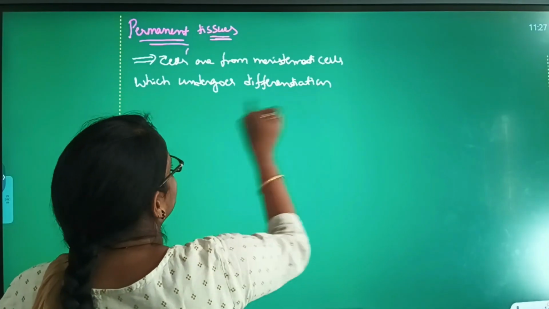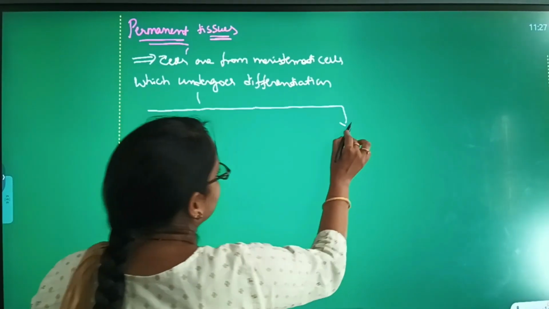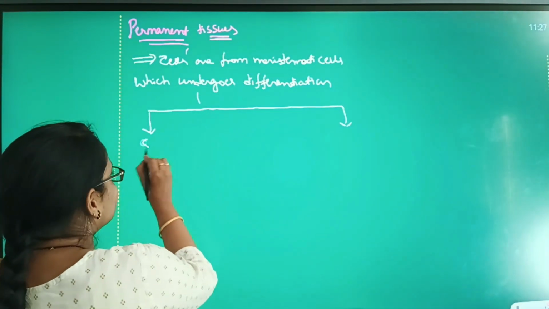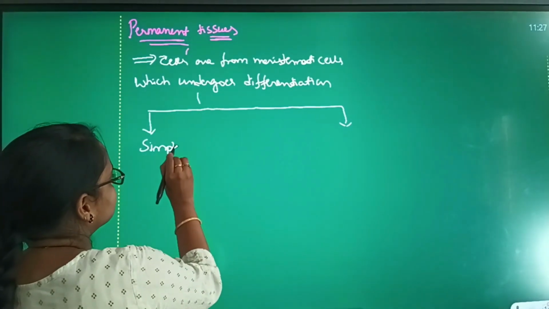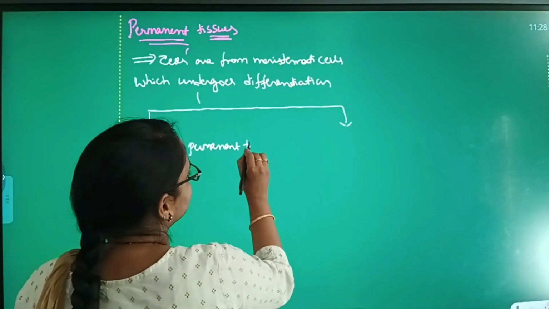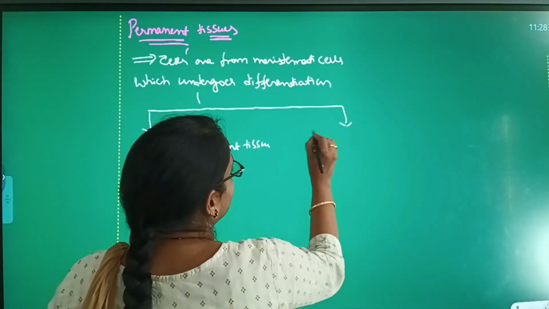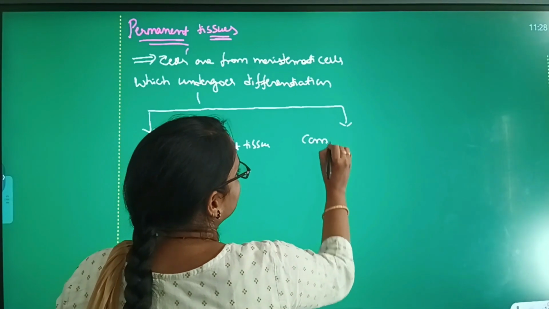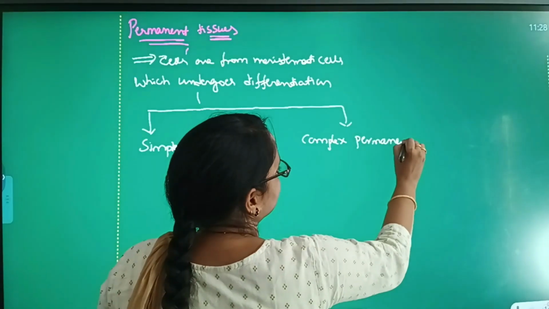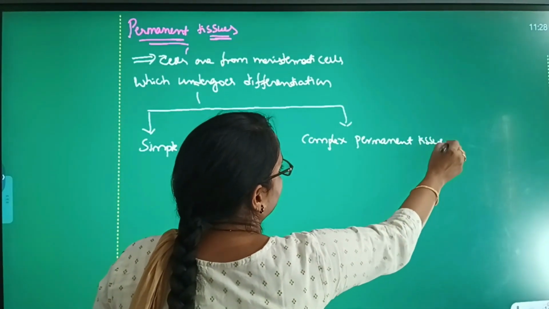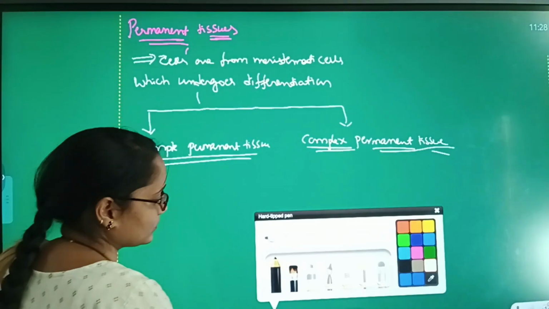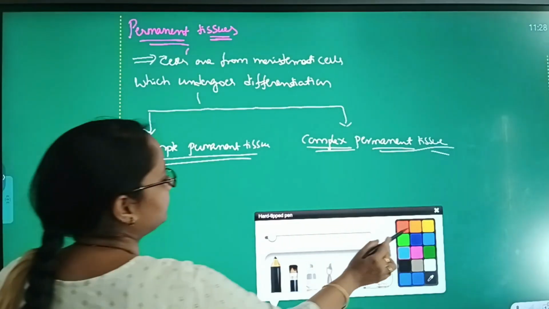meaning getting organized to perform different functions and forming some structural unit. That is simple permanent tissues and complex permanent tissues. First, simple permanent tissues.